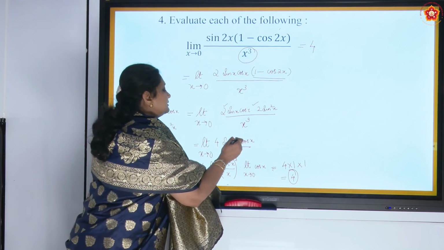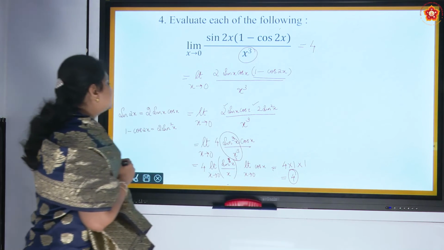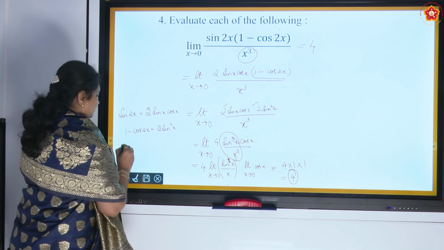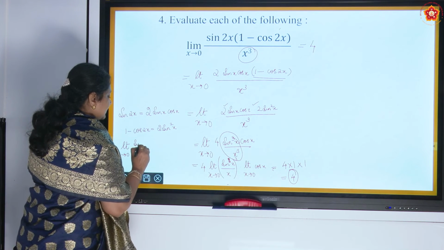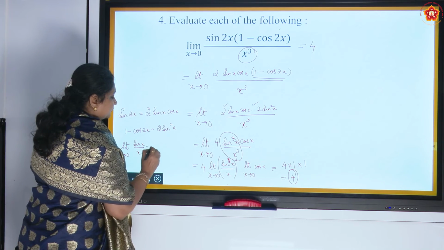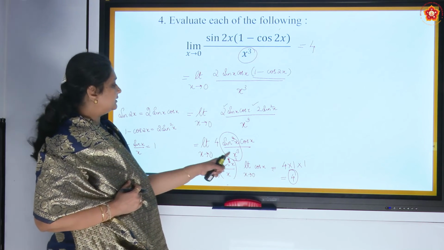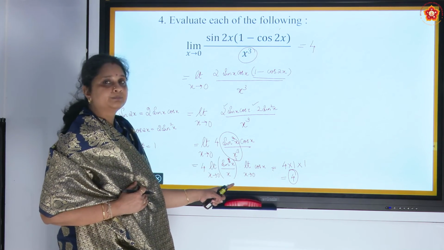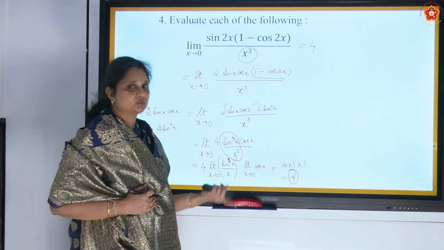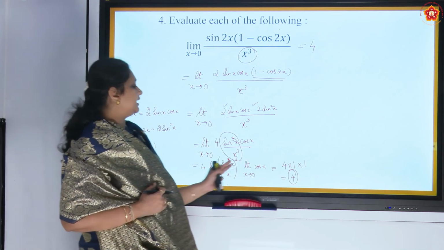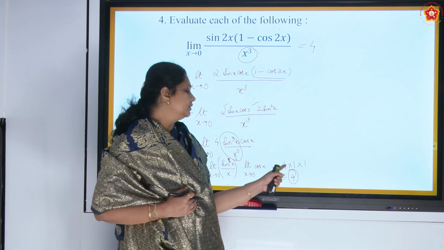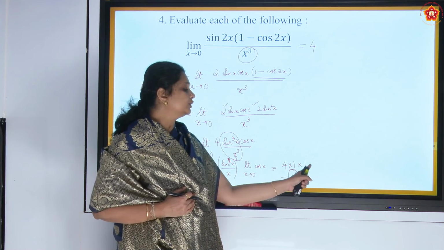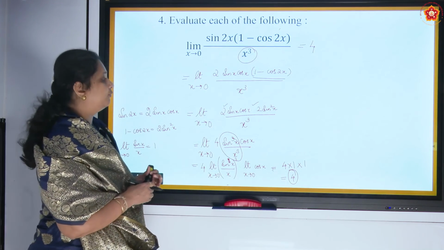I decide to club these because I know that limit x tending to 0, sin x by x is 1. So I'm going to write this as (sin x by x) the whole cube. Limit x tending to 0, cos x is 1, that also I know. When I apply the limits, I don't get a 0 anywhere or 0 by 0 anywhere. So it's 4 into 1 into 1, that gives me a 4.